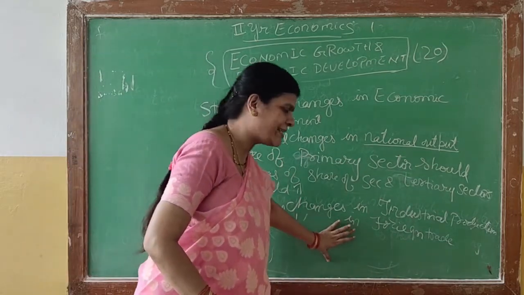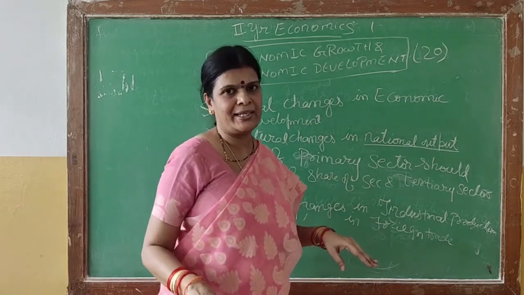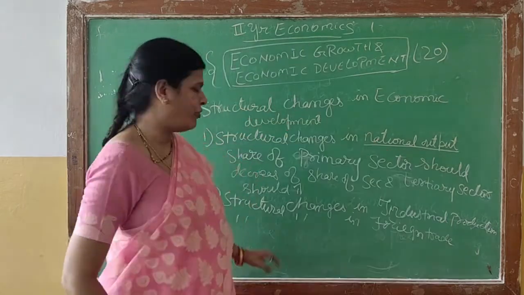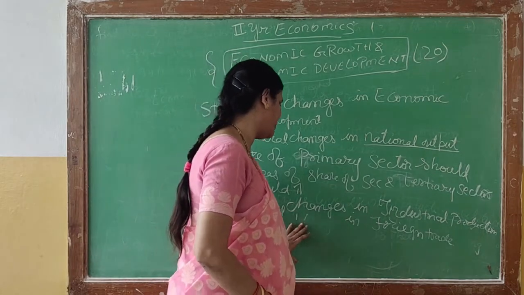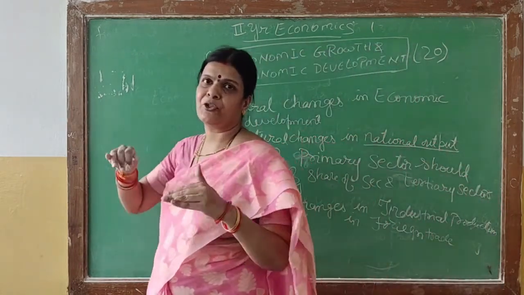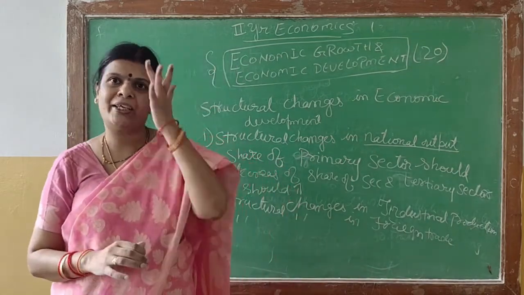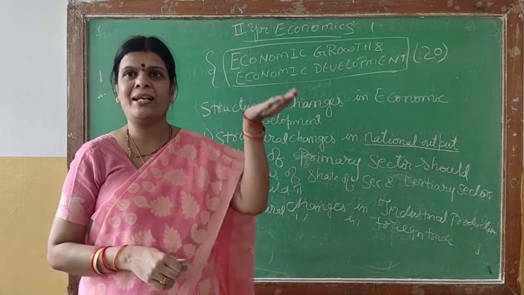Then we can achieve what? Economic development. Mainly students, we should be self-reliant. So imports we should minimize, and we should encourage more exports. Then only we can increase national income.